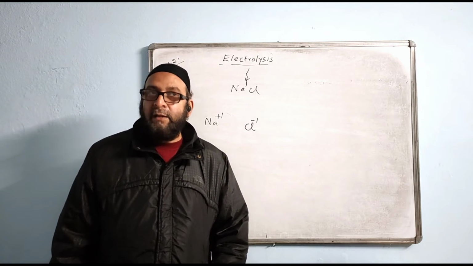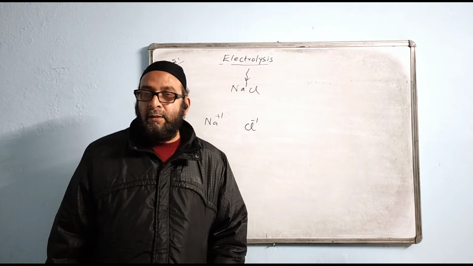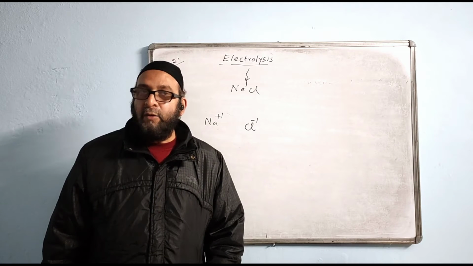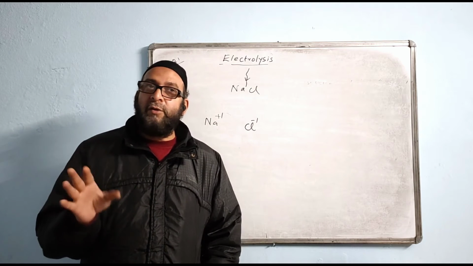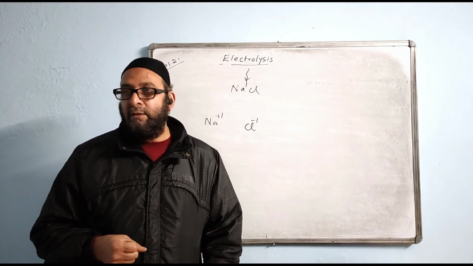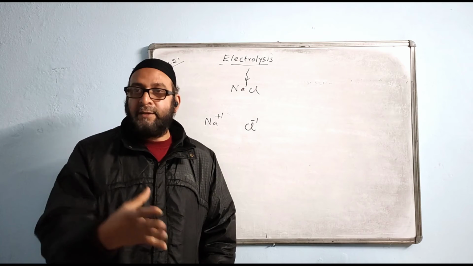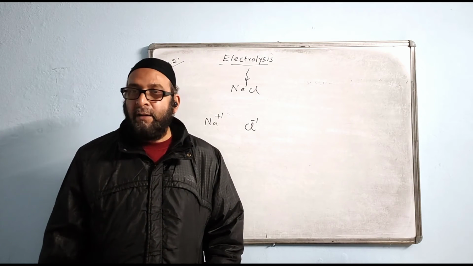Whereas in molten NaCl the force of attraction becomes weak and it forms ions. Instead of talking about the force, you can just say in the solid state it does not contain ions, and in the molten state it contains ions, so it conducts electricity. It's the general answer we give.